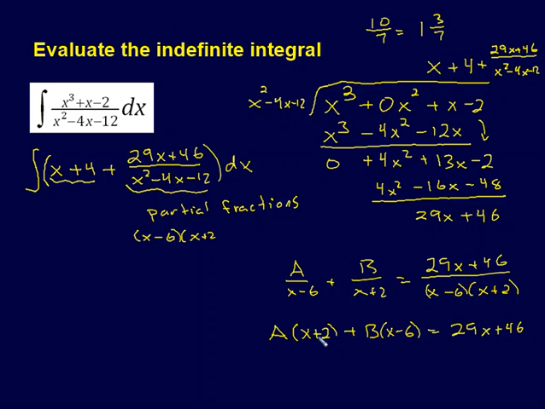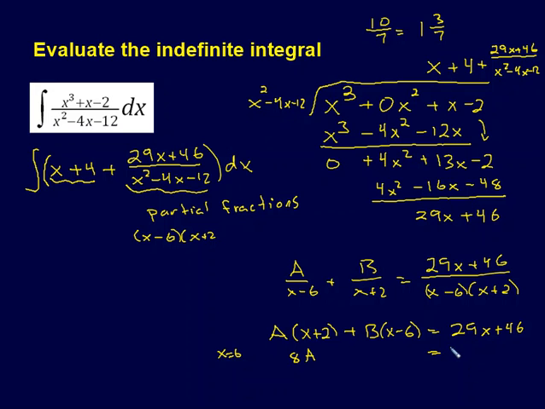So we'll start by solving for the a by letting x equal 6. So if x is 6, this is going to be 8, so 8a. And over here, if x equals 6, we have to do 29 times 6 plus 46.